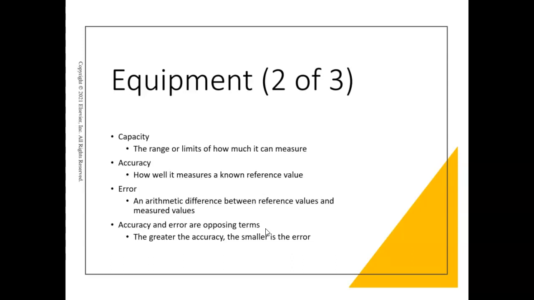Okay. Its accuracy is how well it measures a known reference value. The best example of this is with spirometry. When we're doing spirometry testing or forced vital capacity testing, we use a device like a 3-liter calibration syringe.